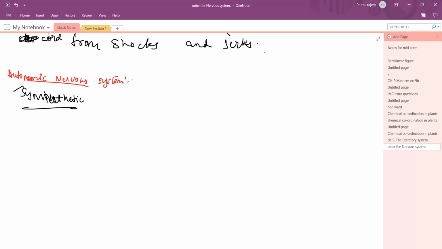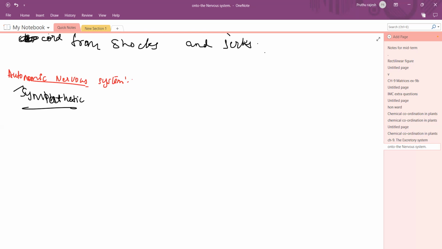Next, salivation decreases. The rate of production of saliva decreases when the sympathetic nervous system is activated. Next, heart rate increases, and the bronchi dilate to allow more air, oxygen, into the lungs. Gastric and pancreatic activities are inhibited or stopped.